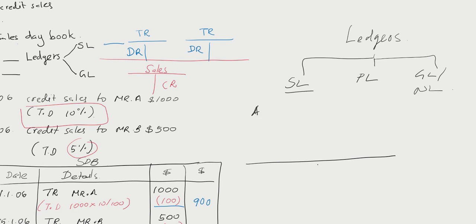You enter all trade receivables under sales ledger, all trade payables under purchases ledger, and excluding TR and TP, the rest of all the ledgers goes over here. So sales account, purchases account, sales returns, purchases returns.